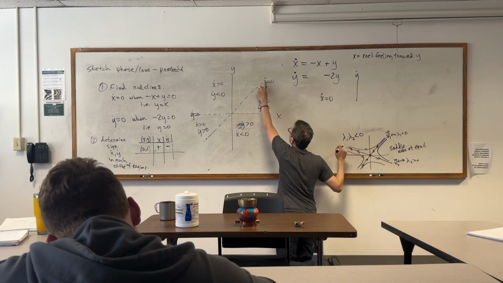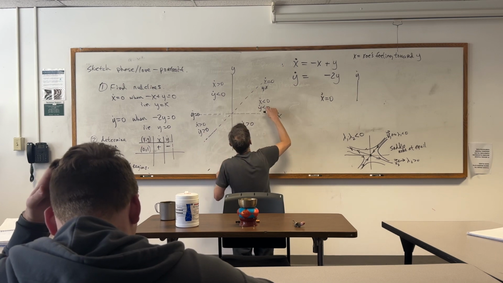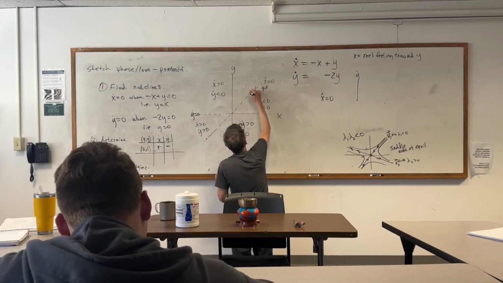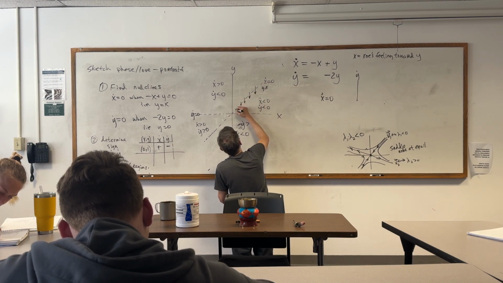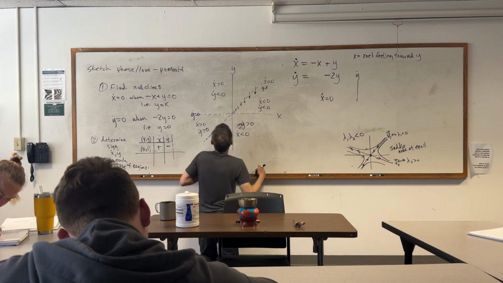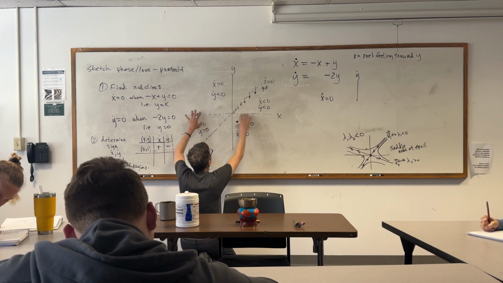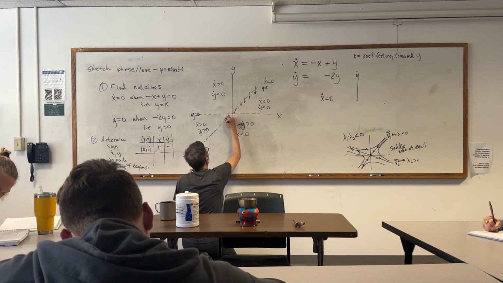So all along this line, I've got vertical arrows. Notice that y dot is negative up here, so those are downward. In fact, if I got really precise, they would shrink in size as I got closer to 0. And then down here, as I cross this line, this is where y dot is 0, this axis. So down here is where it becomes positive.